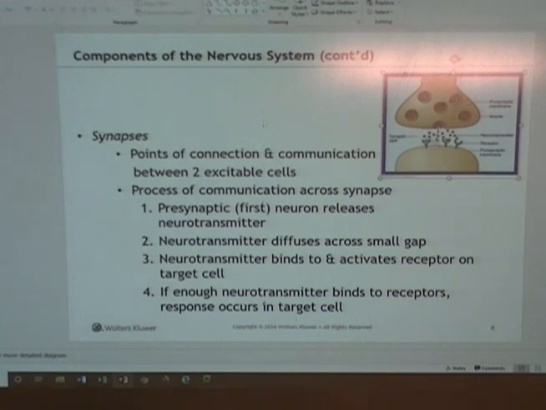Okay. So the neurotransmitter is the chemical. It attaches to the receptors. If there's enough neurotransmitter binding to the receptors on the next excitable cell, then we see the action potential reignited and the electrical signal continues. So we go electrical, chemical, electrical.